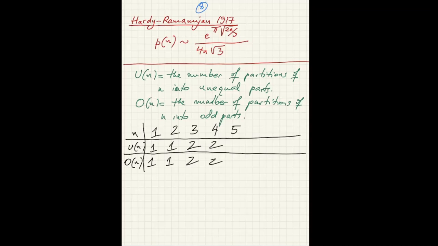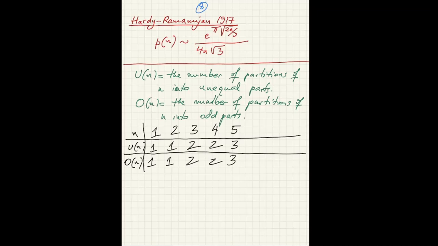Unequal parts would be 2 plus 3, 1 plus 4, and 5. So there are three such partitions. Odd parts would be 1 plus 1 plus 1 plus 1 plus 1, 5 itself, and 3 plus 1 plus 1. So there are three.